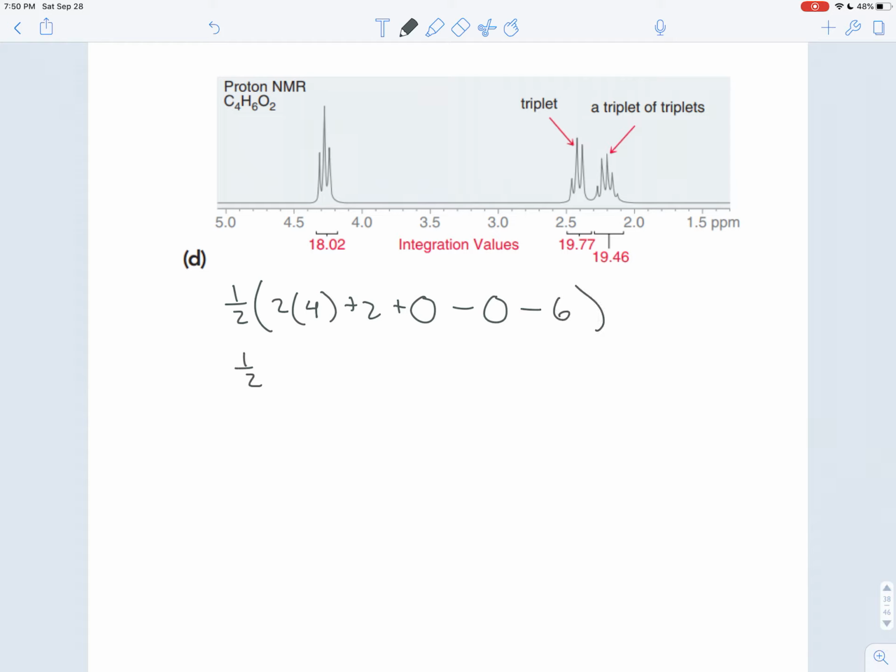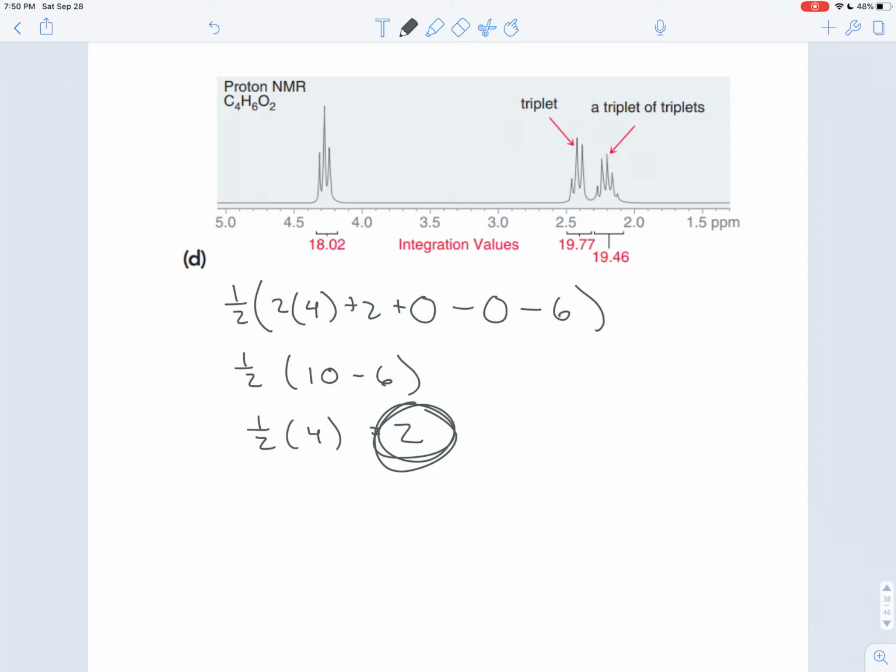So that's going to be 1/2 of 10 minus 6, and so that's 1/2 of 4, which is 2. So we have either 2 rings, 2 pi bonds, or 1 ring and 1 pi bond. So we'll have to keep this in the back of our minds and make sure that our final structure has 2 degrees of unsaturation.